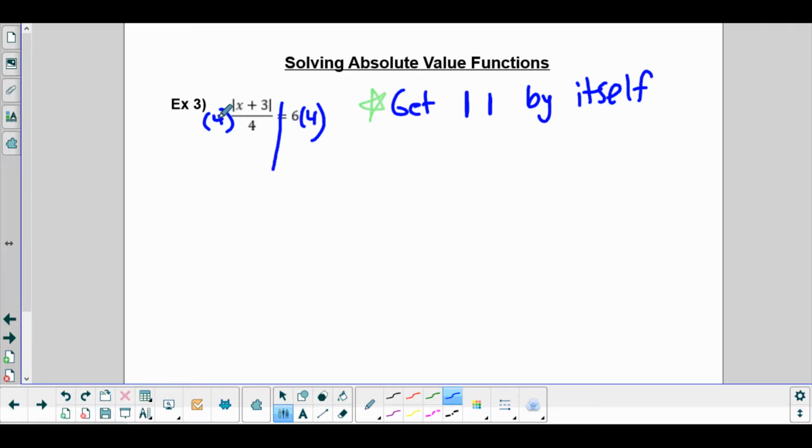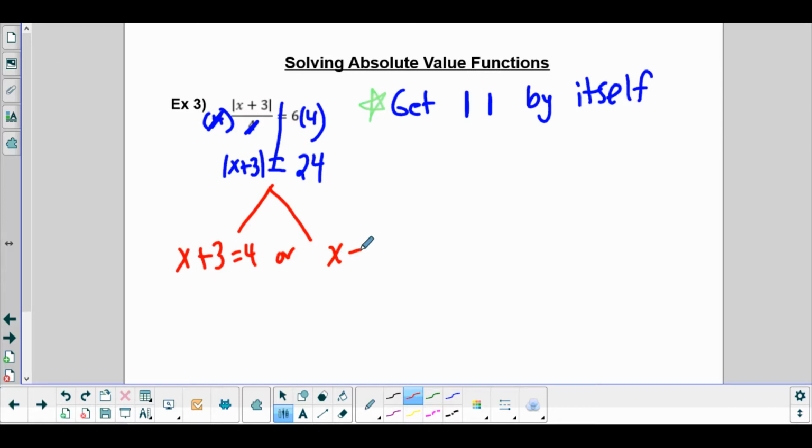So what that does is it allows these 4's to go away. And now I have absolute value of x plus 3 equals 6 times 4 is 24. So next, you're going to set up two equations. One is going to be x plus 3 is positive 24, or the second one is x plus 3 is negative 24.